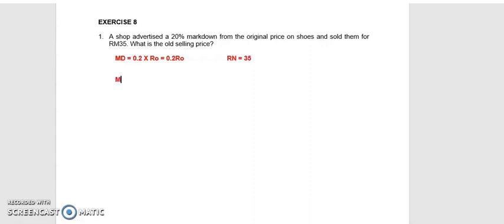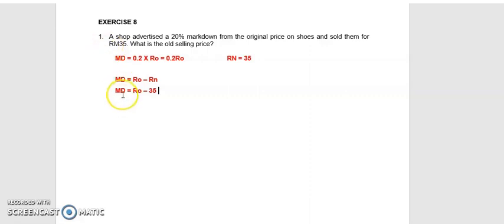So we know that markdown is equal to RO minus RN, where RN is 35 ringgit.